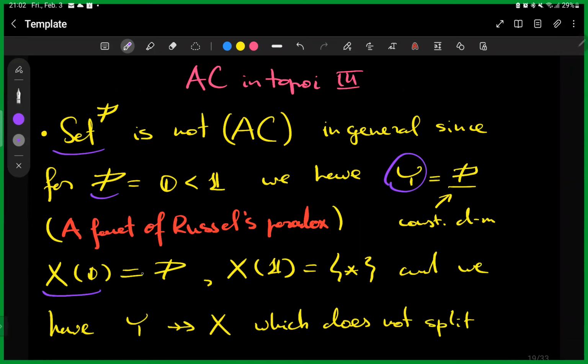So on 0 we have a value p, and on 1 we have a value of a singleton set. And we have an epimorphism from y to x, which is given by object-wise epimorphism. And this epimorphism can be easily seen to not split in any shape or form, which means that this category, this topos, does not satisfy the axiom of choice.